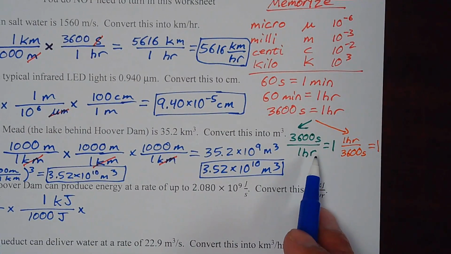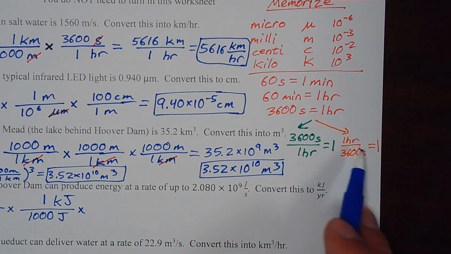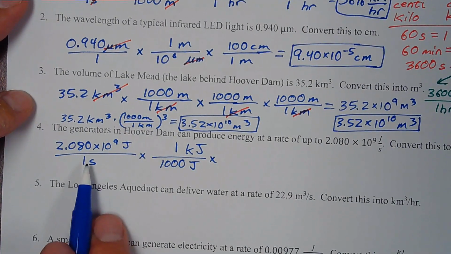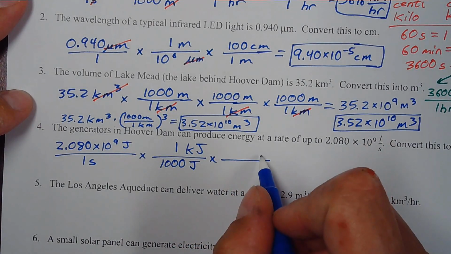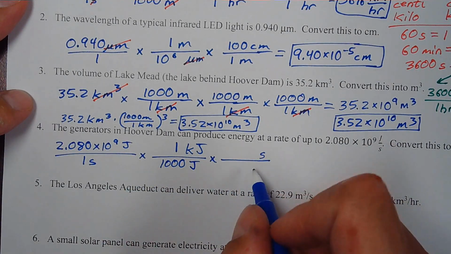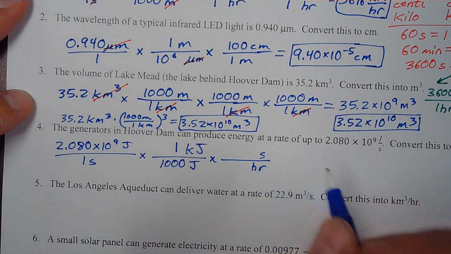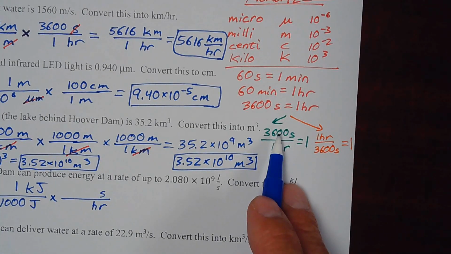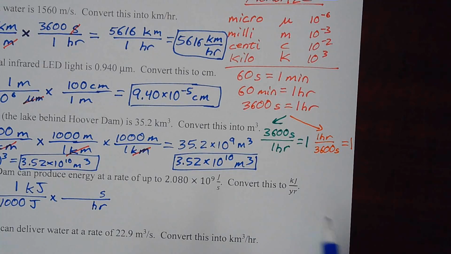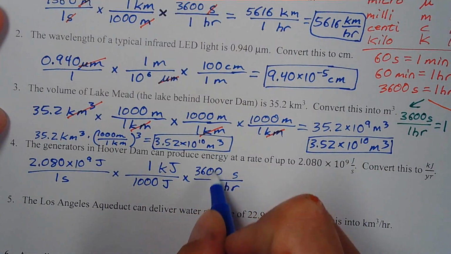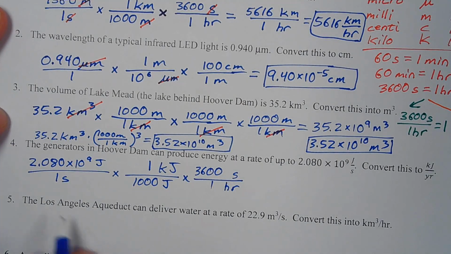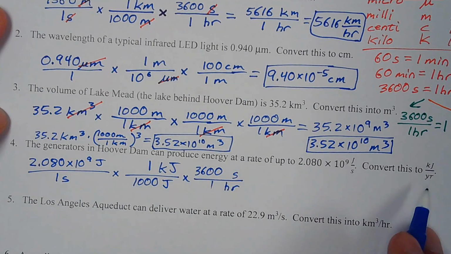Now, the time conversion is going to be a little more complicated. We can save a step or two by using one of these. If you look here, you got seconds on the bottom, which means that in order to get rid of seconds, you need something that's got seconds on the top and hours on the bottom. And that would be 3,600 seconds over 1 hour. That's good in that we will get hours, but we want years.